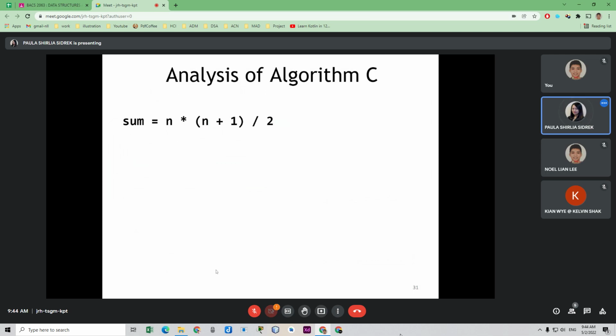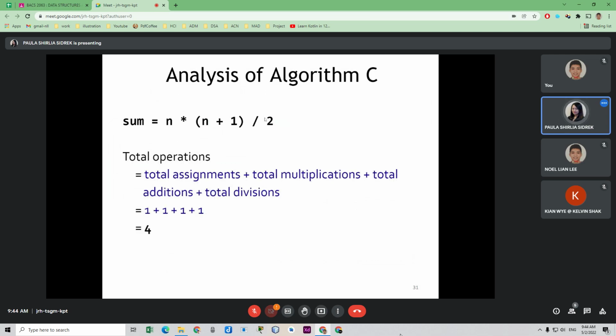Next one. C is quite straightforward. You have sum equals n multiplied by n plus 1 divided by 2. So you have an addition, n multiplication, and then you have division. Summation, division, multiplication. All right, so you have that. Your total operation is quite simple as well.